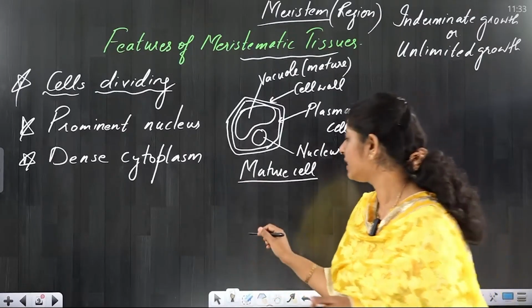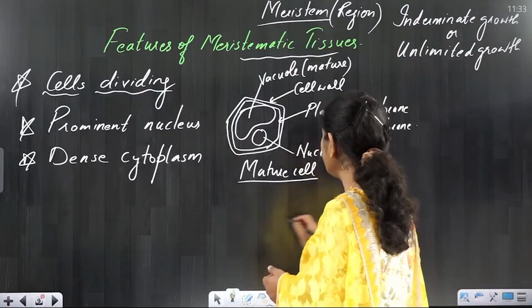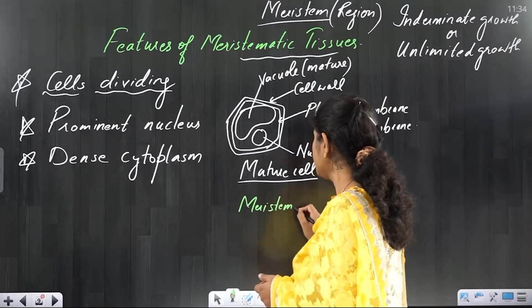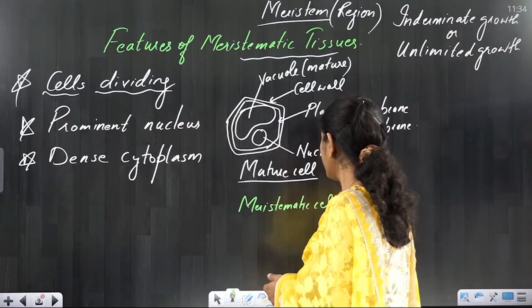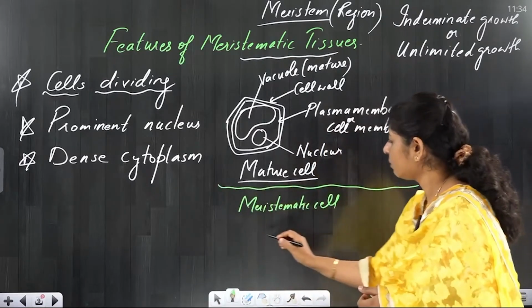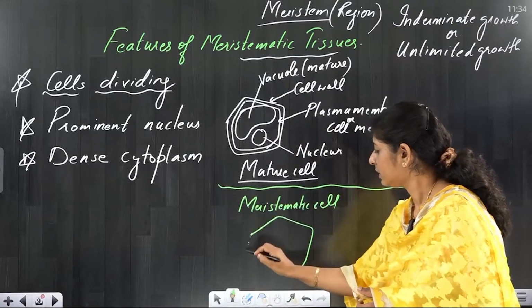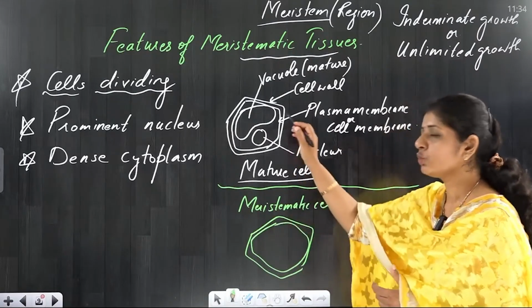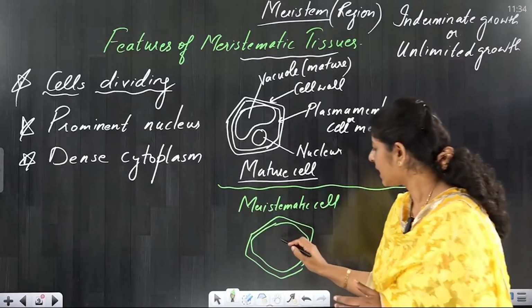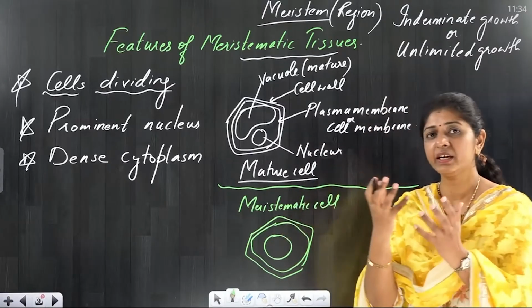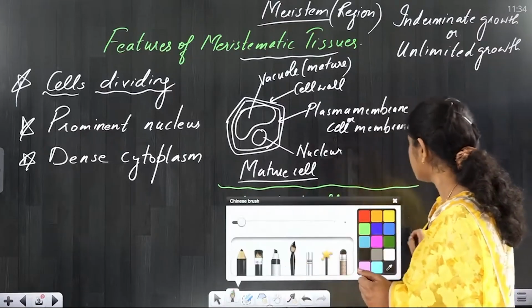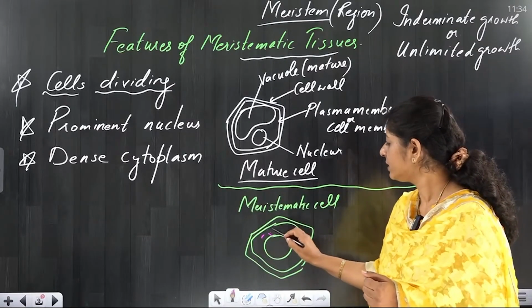In a meristematic cell, what is going to happen? Now, this is the cell wall, right? This is the plasma membrane, but vacuoles are absent here. It has a big, conspicuous, very clear nucleus, surrounded by dense cytoplasm, right?